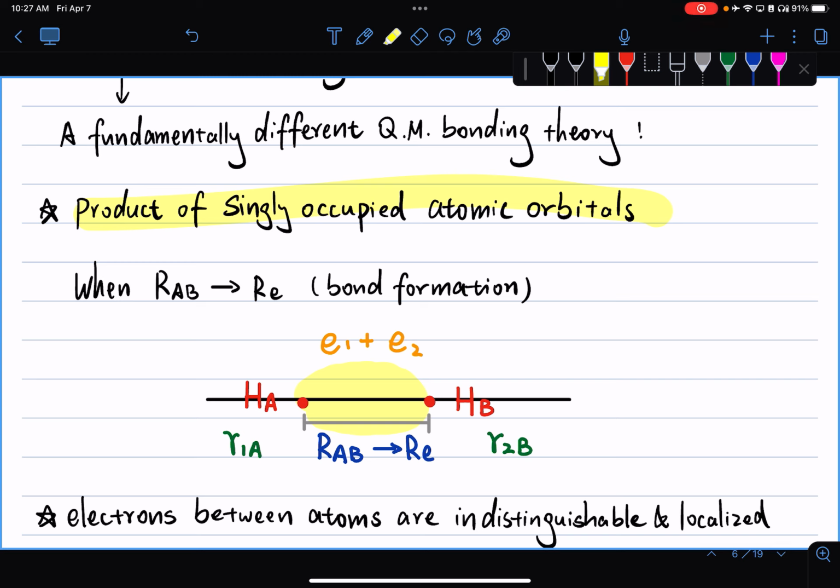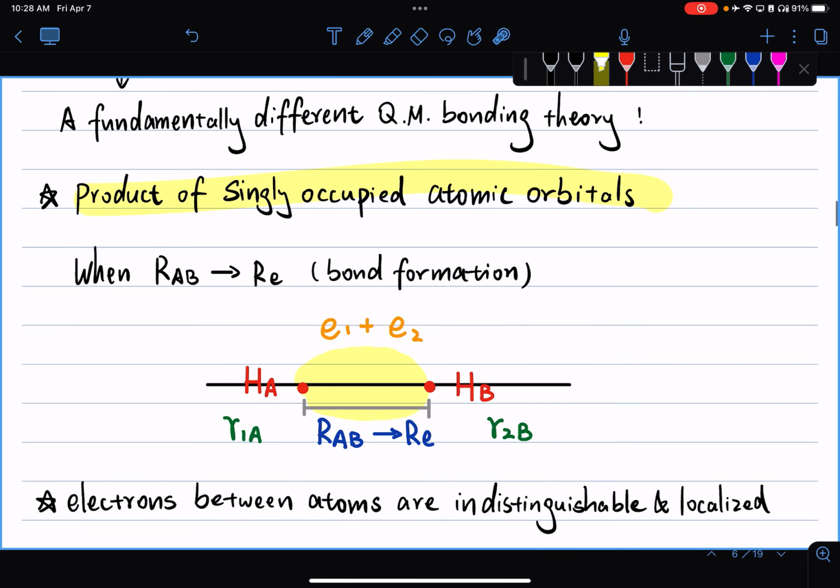The product of these 1s atomic orbitals gives you a chemical bond in valence bond theory. And the fundamental idea here is that when we are making a chemical bond, the electrons between these atoms become indistinguishable. We no longer know which electron comes from which atom, and they're localized in between the chemical bonds.